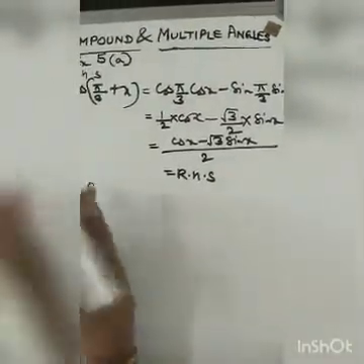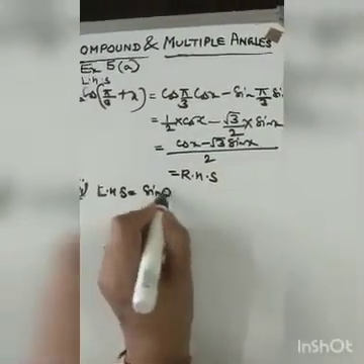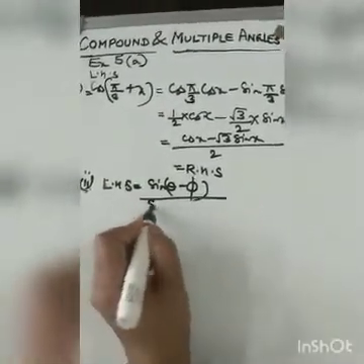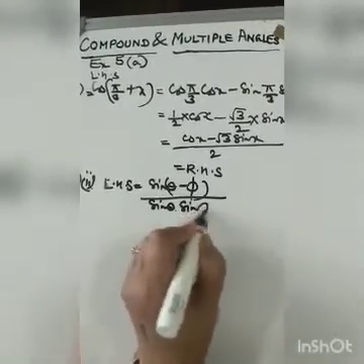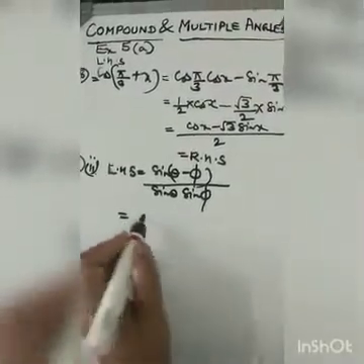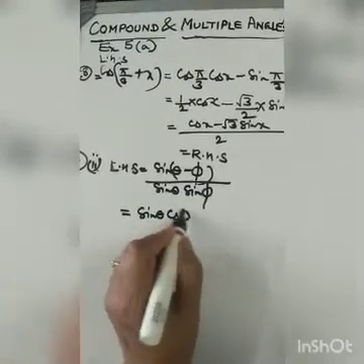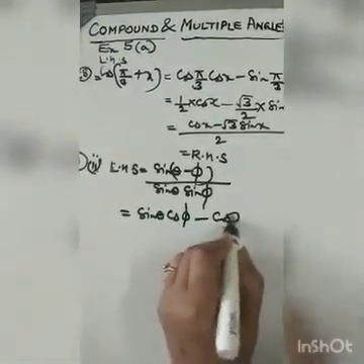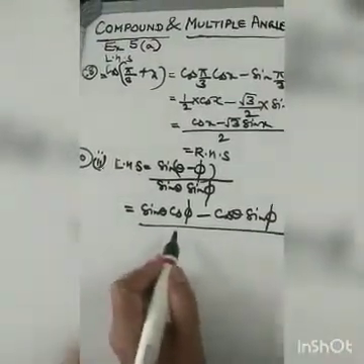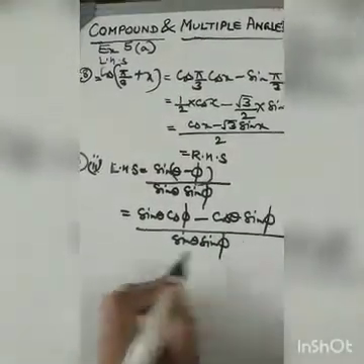So the left hand side we can write sin(theta minus phi) upon sin theta sin phi. Hence, you can expand it: sin theta cos phi minus cos theta sin phi, and the denominator we cannot simplify further, so sin theta sin phi only we will write.